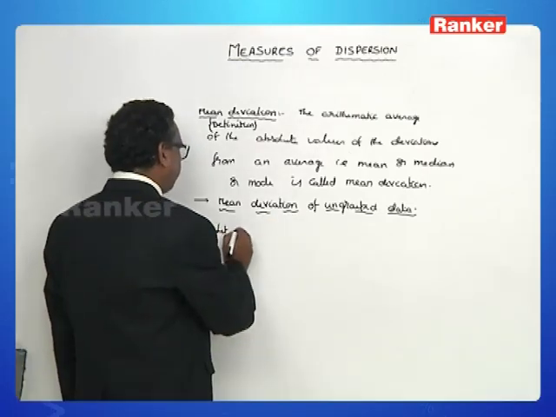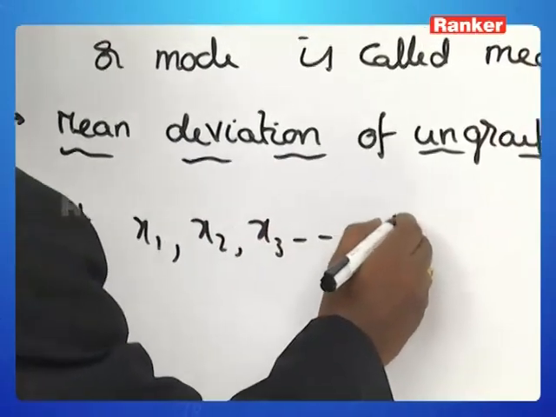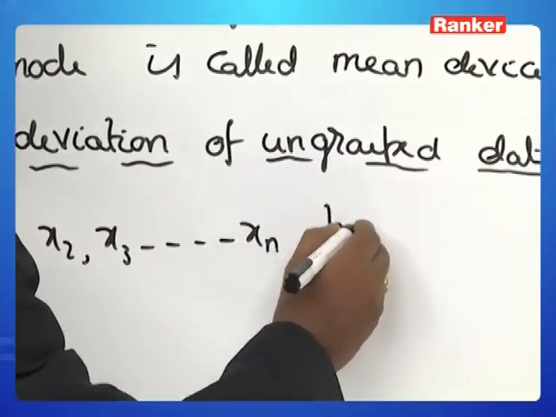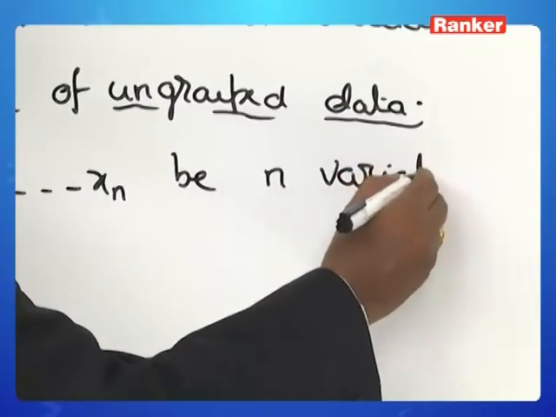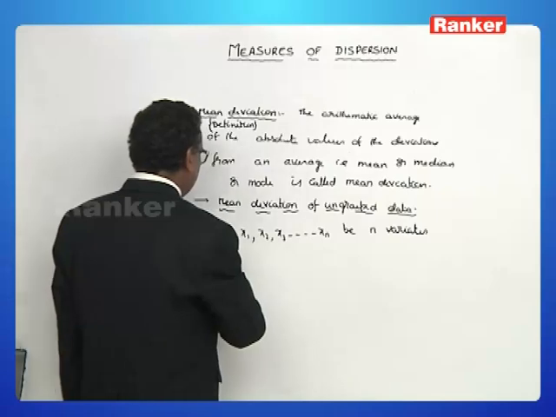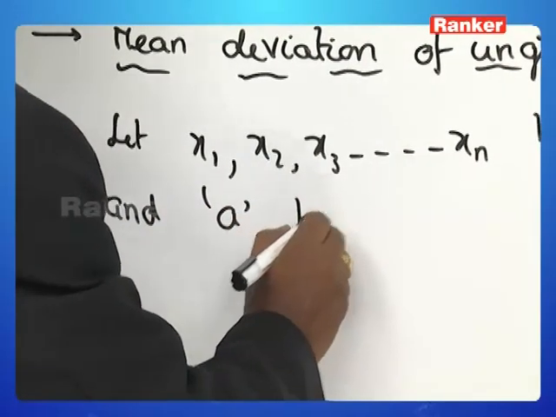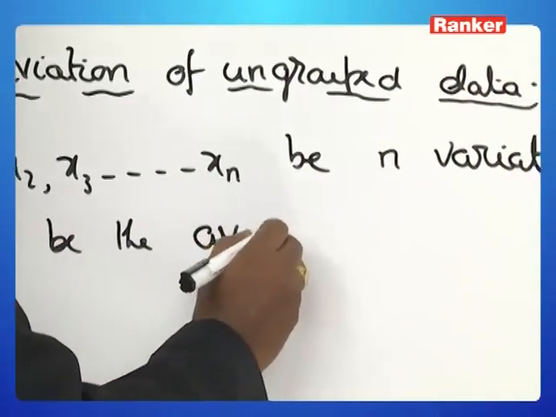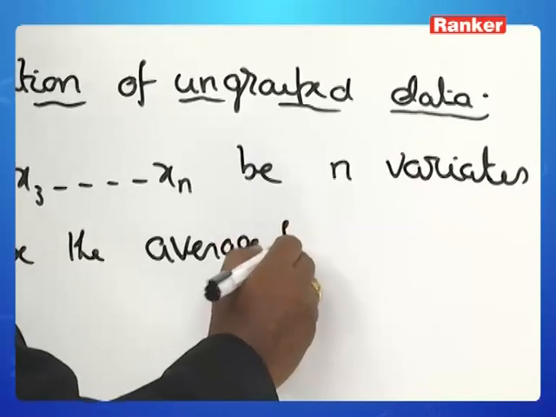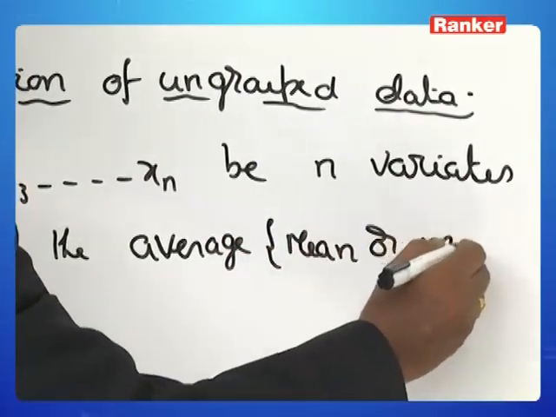Let x1, x2, x3, so on xn be n variates or n values, and A be the average, and average is nothing but mean or median or mode.